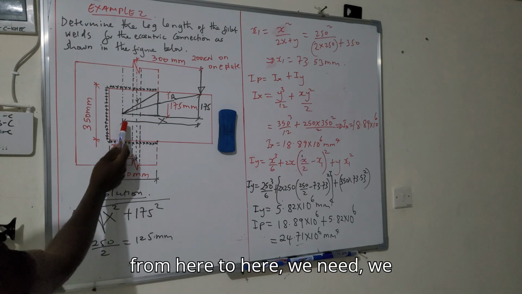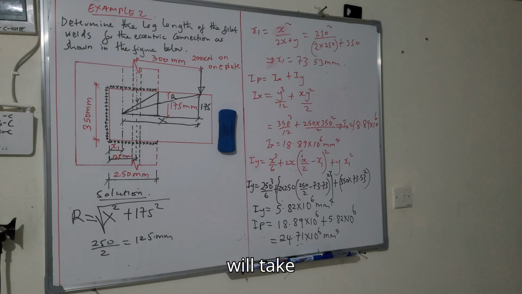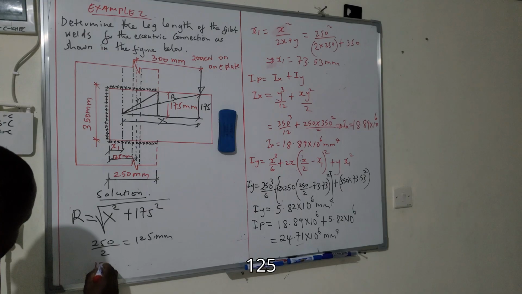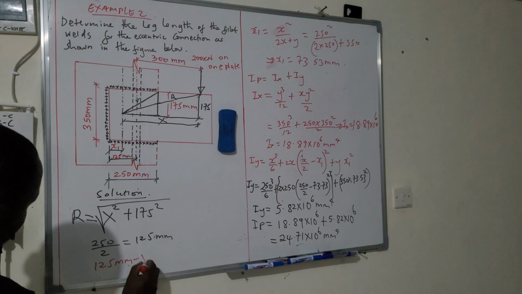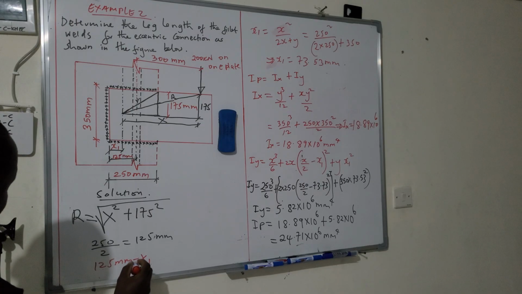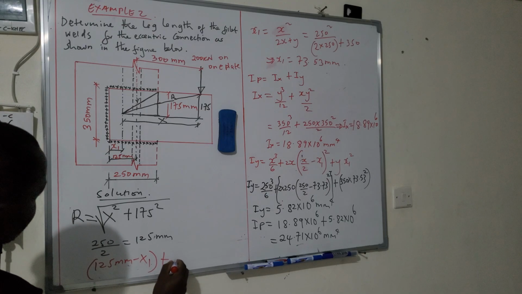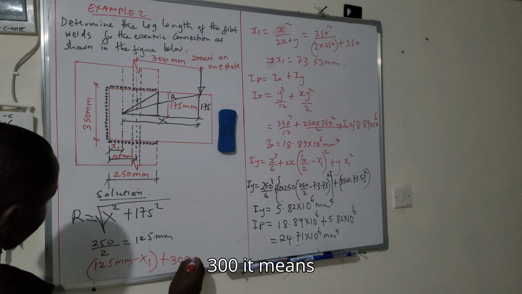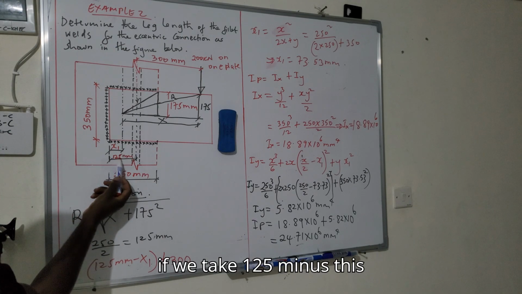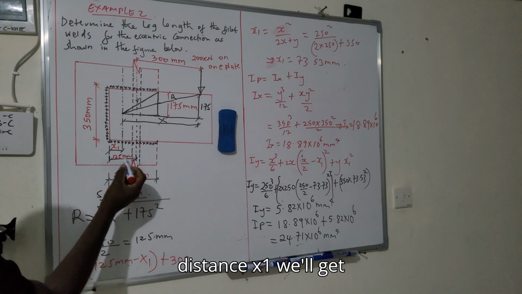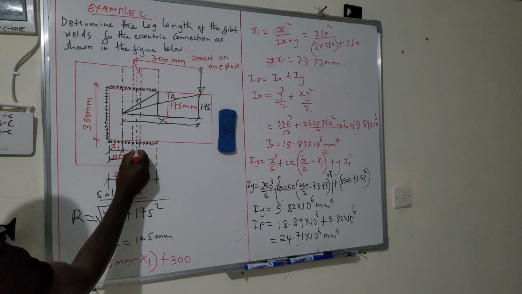So to get this distance from here to here, we will take 125 minus x1, then plus 300. It means if we take 125 minus this distance x1, we'll get this distance.